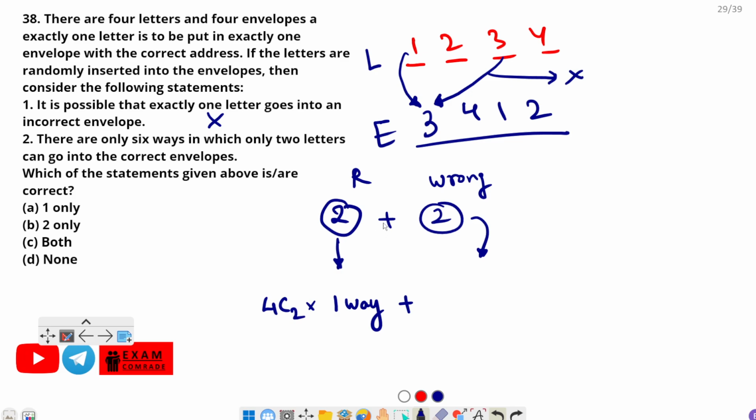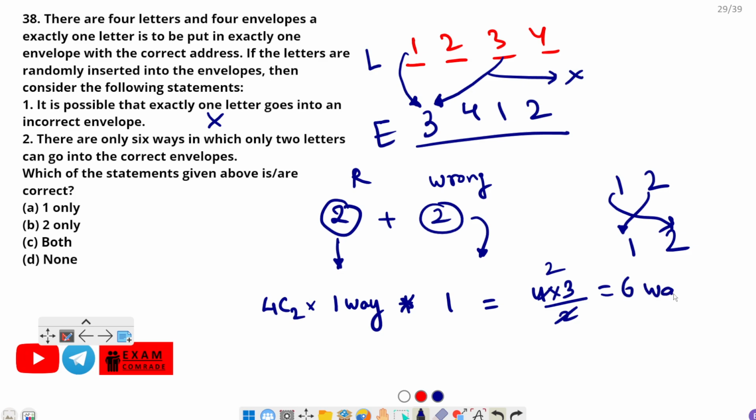Already you have taken 2, so the other remaining letters can go wrong only in one way. That means, for example, if you have 1 and 2 letters and 1 and 2 envelopes, you can put wrong only in one way. This way only you can put wrong, so there will be only one way. Into 1. So 4C2 is 4 into 3 by 2, that is 6 ways. So the second option is right, only 2 right.